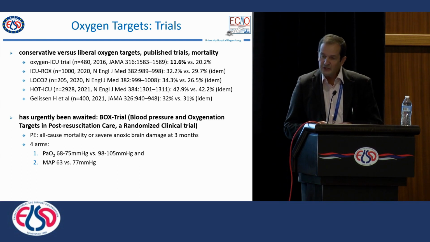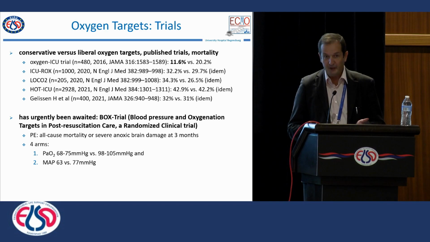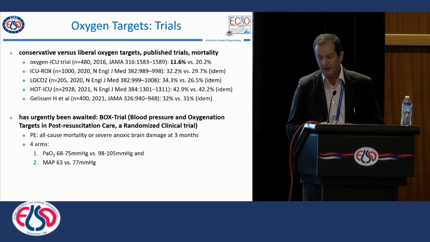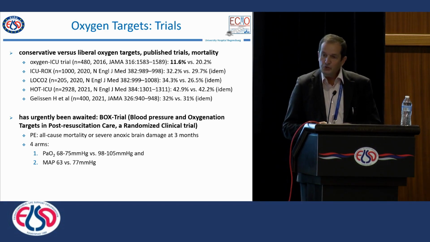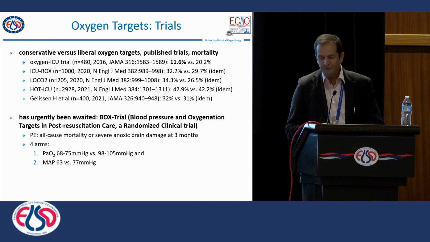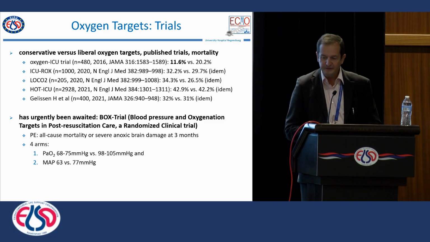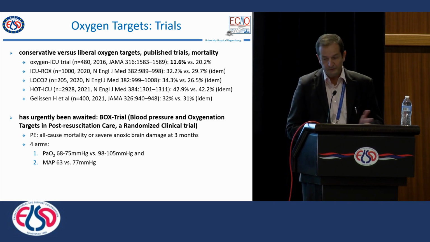So what was urgently awaited is the BOX trial, which fortunately came out a few weeks ago, you are probably aware. That was a huge prospective randomized controlled trial from Denmark. They had 4 arms. They compared PaO2 in 2 arms, a conservative PaO2 of 68 to 75 versus a more liberal PaO2 of 98 to 105 millimeters of mercury.